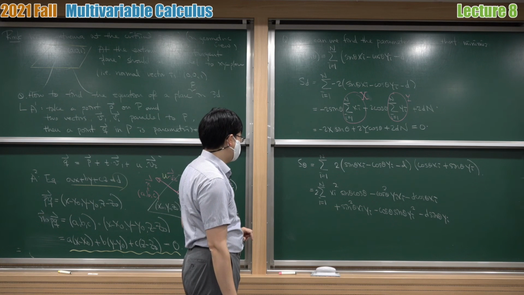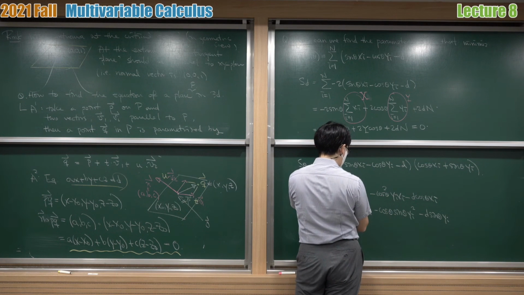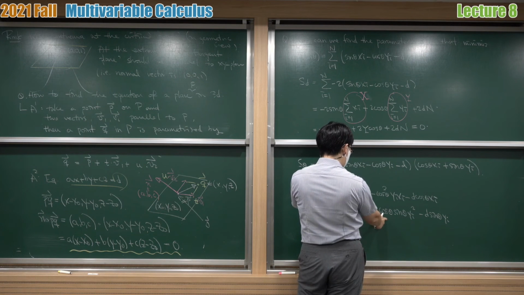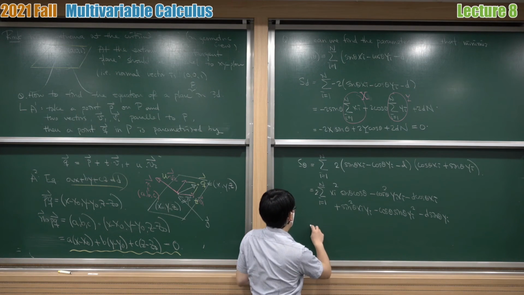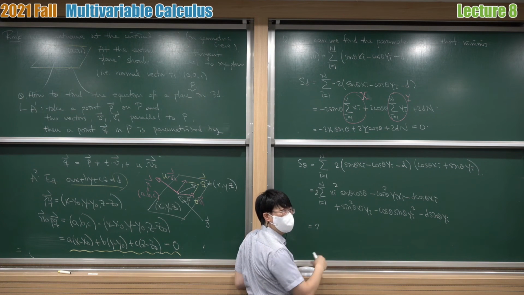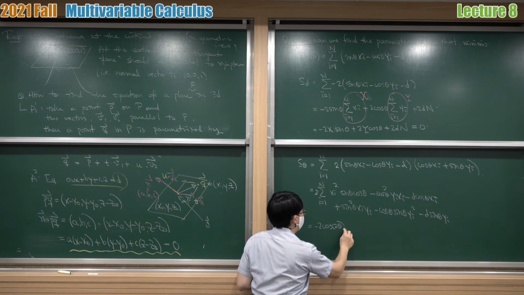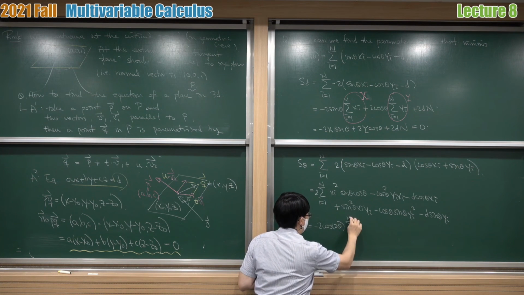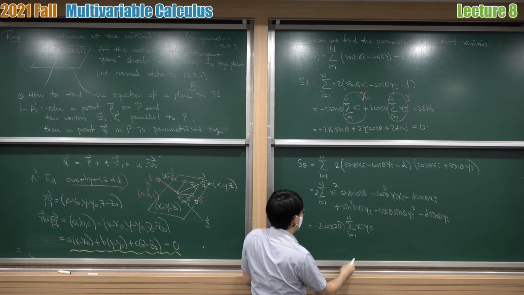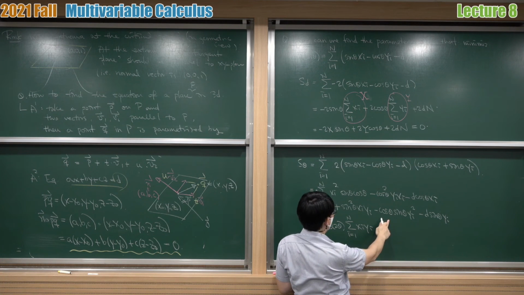Can I simplify anything here? Maybe I can simplify these two, also these two. So let's take 2 of, cosine square minus sine square is cosine 2 theta, right? So it's minus 2 cosine 2 theta times the sum from 1 to n of xi yi. And how about this part? We have the same thing.